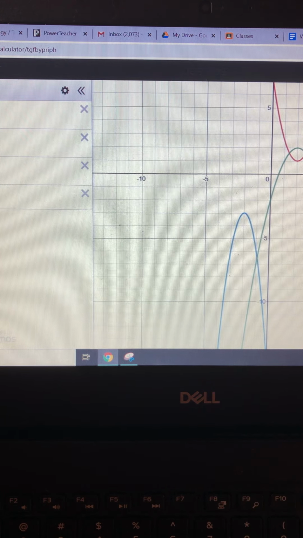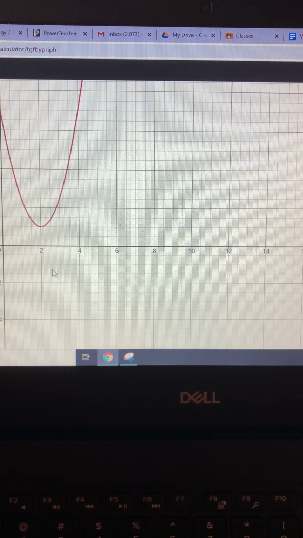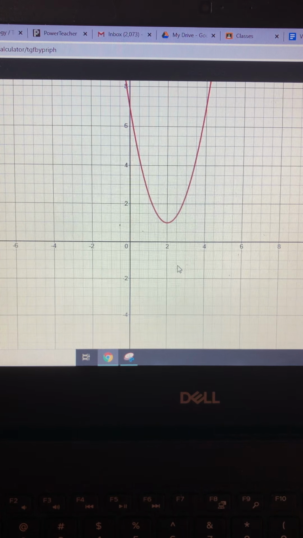So let's take a second and look at Desmos here. I have typed in the parabola that we were just talking about into Desmos, and this is what the graph looks like. It does, in fact, look concave up, as we expected it to be.